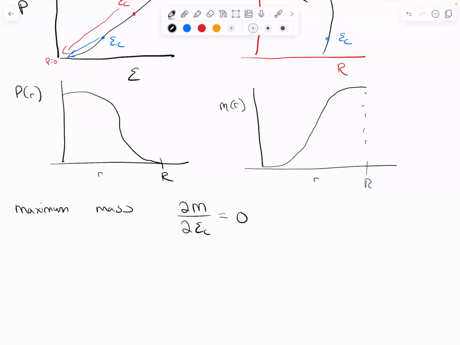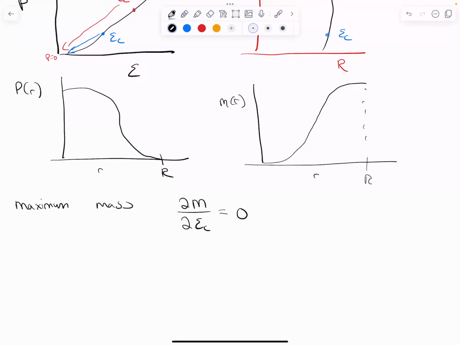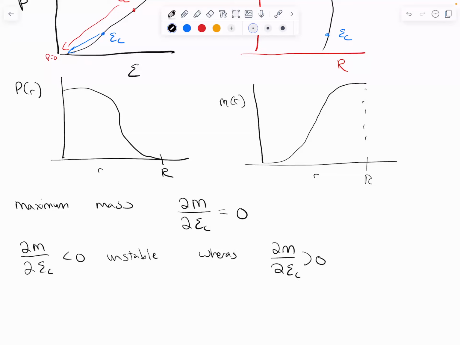And you can actually prove from various methods that if you have dM/dε_c less than 0, it's unstable, it will collapse, whereas dM/dε_c greater than 0, it's stable.